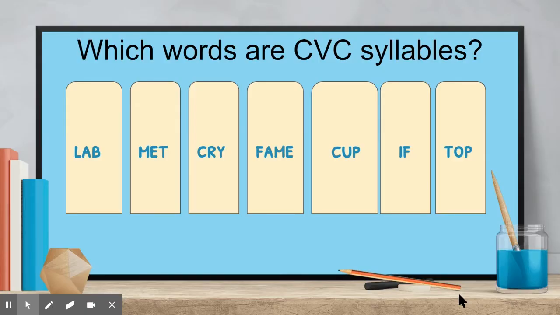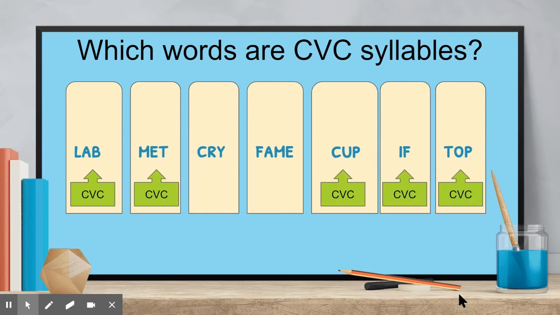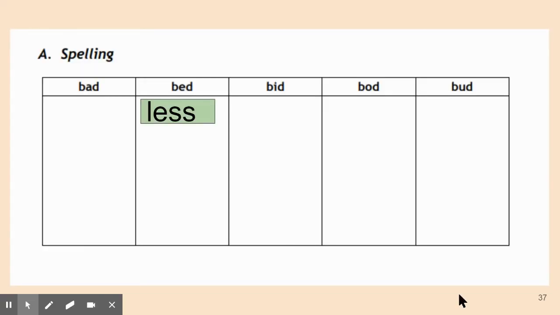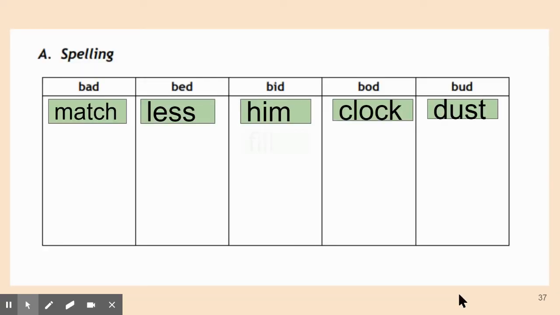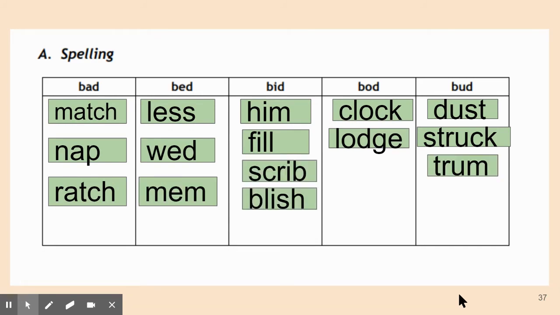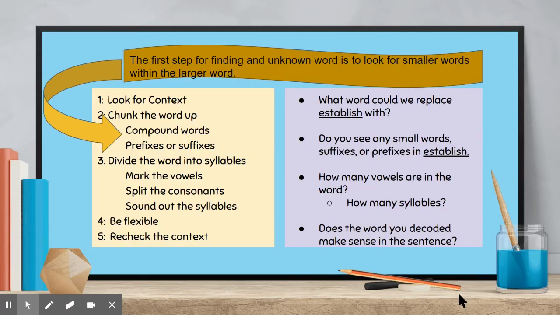And then we'll do a little bit of a review of what the CVC syllables are, talk about our short vowel keywords, and classify some words based upon the sounds that we hear, because when you hear the sound, that helps you spell the word better.